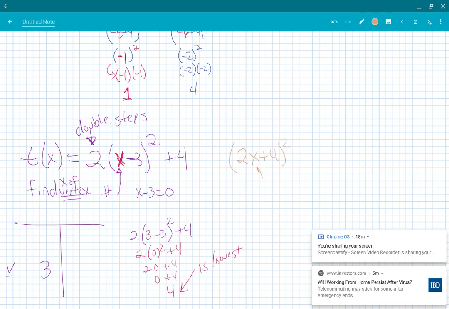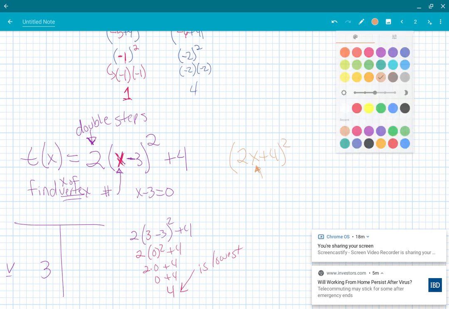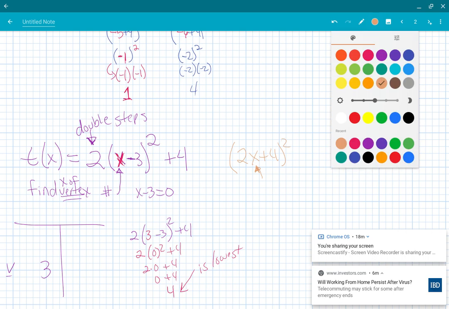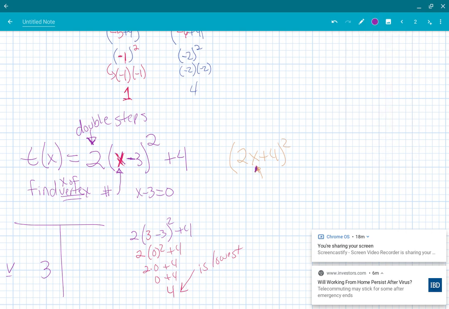What number can you put in here that you're going to double and it's going to get rid of 4? Is negative 4 going to work this time? No. This has to become negative 4, right? So would it be 2?